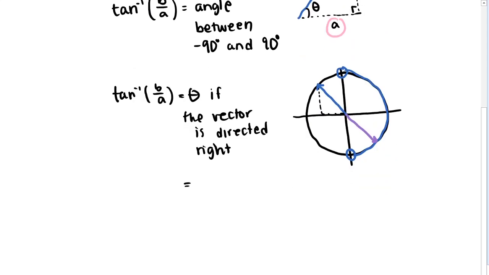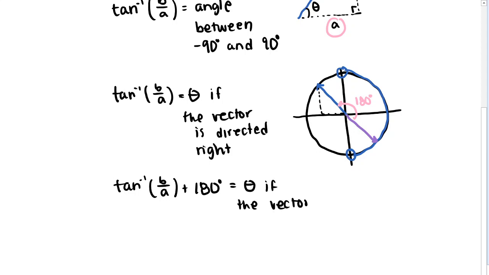And it's equal to, well here, we would need to add on 180 degrees, or look at the opposite side right here. If we add on 180 degrees, we'd be looking at the correct vector now. So tangent inverse of b over a plus 180 degrees is equal to theta if the vector is directed left.